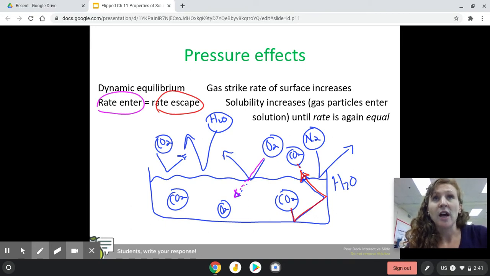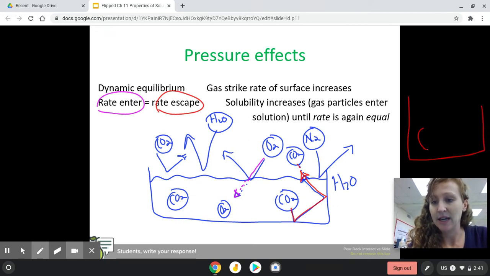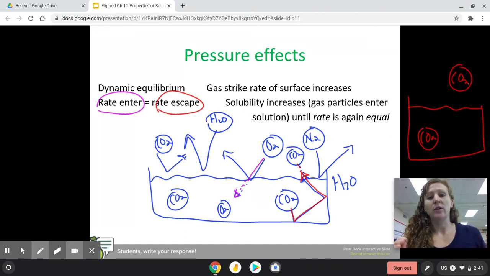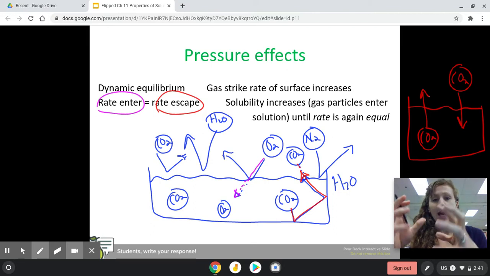Now, when we're talking about something like a carbonated beverage, where we have carbon dioxide inside the beverage, we have carbon dioxide outside the beverage, we can talk about the movement of this carbon dioxide in terms of rate of entrance and rate of escape. How fast is this gas entering our solution? How fast is this gas escaping from our solution?